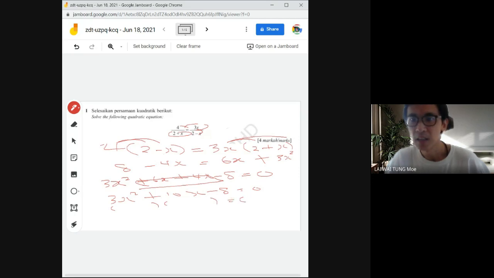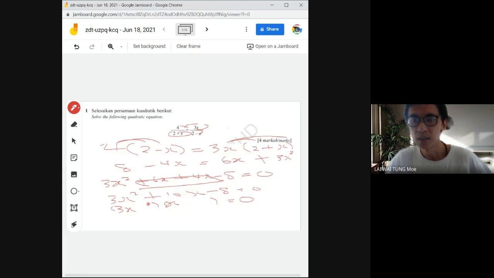I hope you can factorize, because those who have submitted their answer, I think they got it right. So I hope others also know how to factorize the quadratic equation. So 3x here, 3x squared. You can actually get the answer from the calculator. Did I teach you how to use the calculator to get the answer?